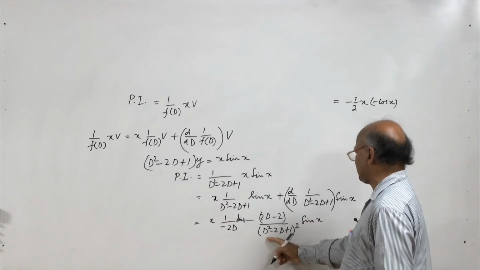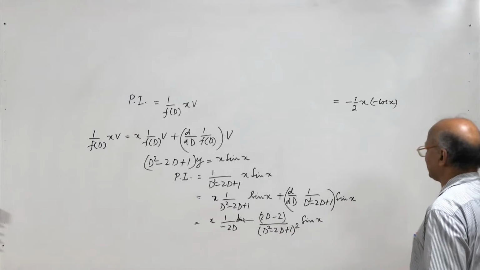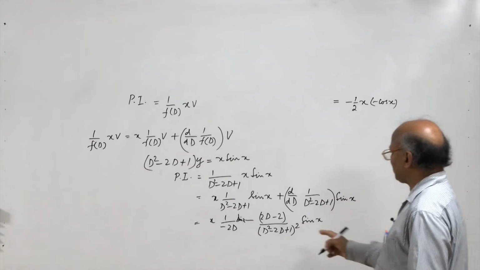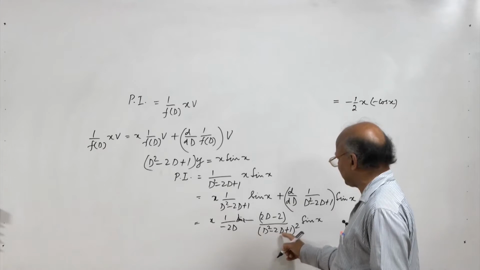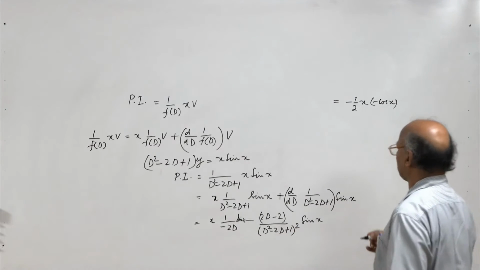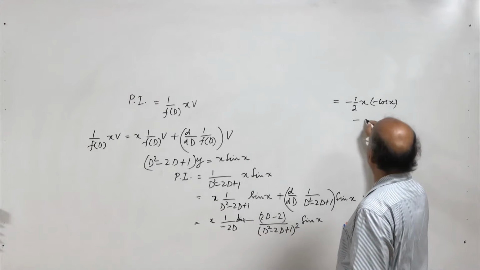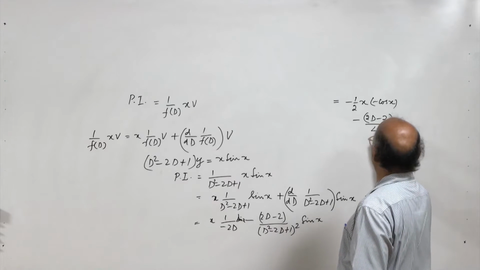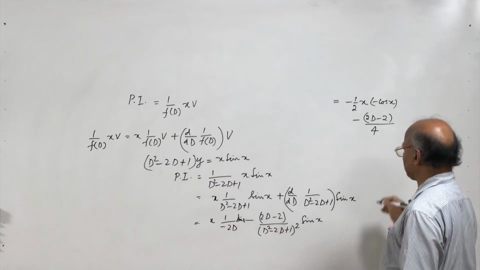And here we replace D squared by minus 1 square, that is minus 1. So minus 1 plus 1 whole square, minus 1 plus 1 means 0. So we get minus 2D whole square, which is 4D squared. So we get minus 2D minus 2 upon 4D squared. D squared can be replaced by minus 1 square.